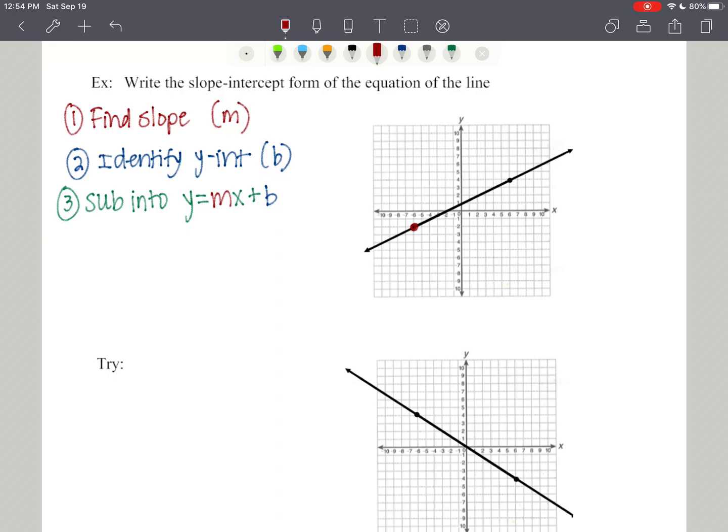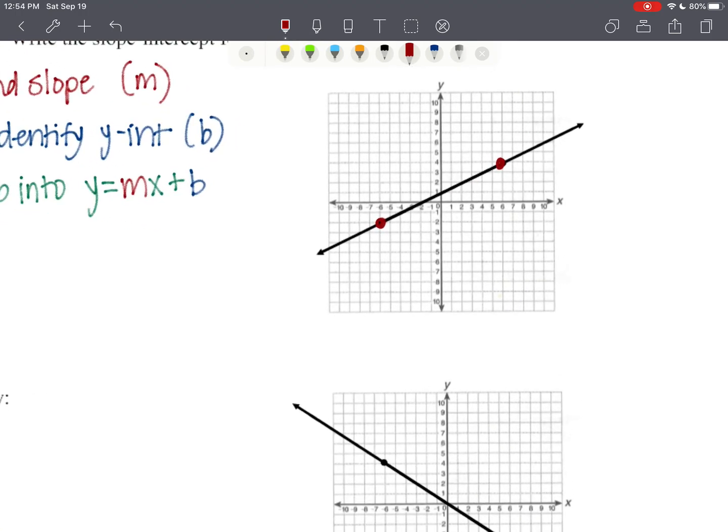So let's find our slope. They gave us 2 points right here. Since they gave us a graph, I kind of like to use that graph. They gave us a -2 y value going up to a +4 y value. So from -2 to +4, that's going up by 6. And then we're at x equals -6, going to the right at x equals +6, that would be right 12.